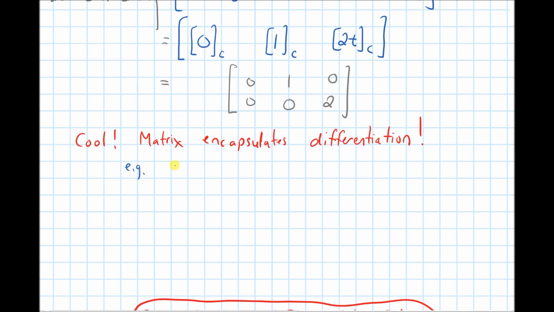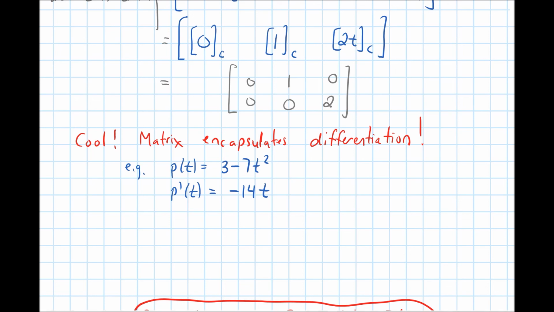As an example, let's say that we take the polynomial p of t, which is 3 minus 7t squared. We can take the derivative of this. p prime of t, this derivative, would be negative 14t. So how does this matrix now encapsulate that information?